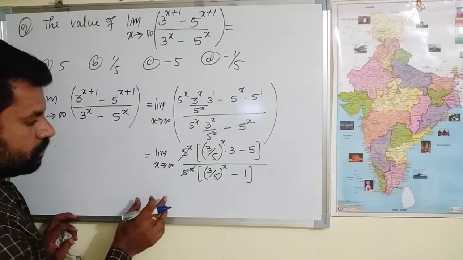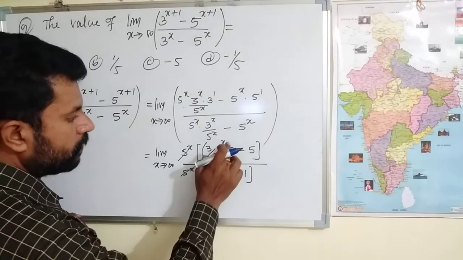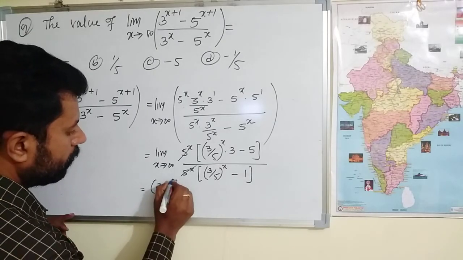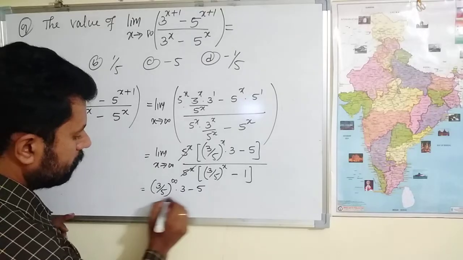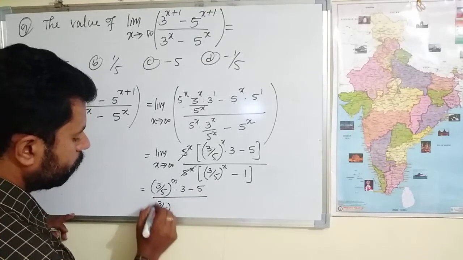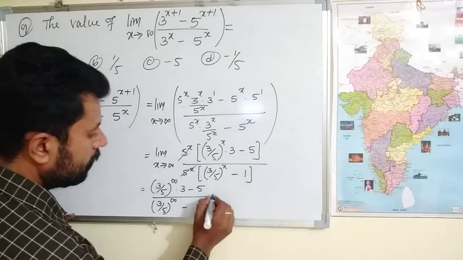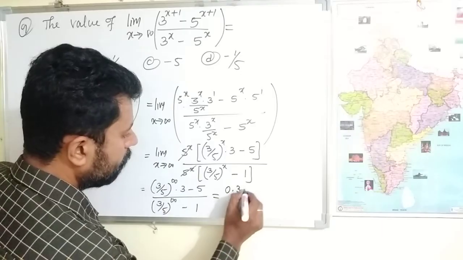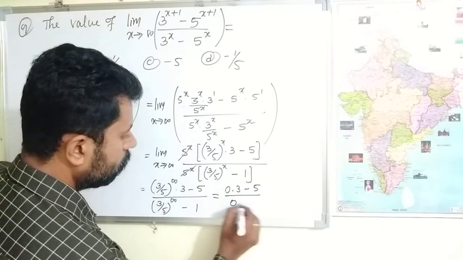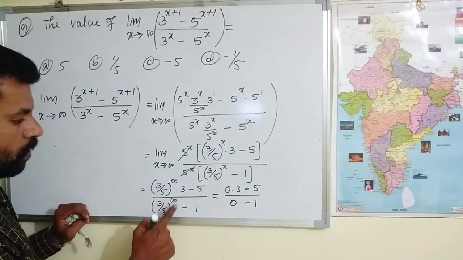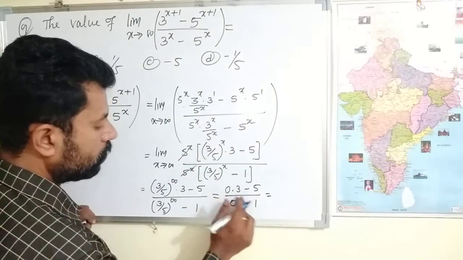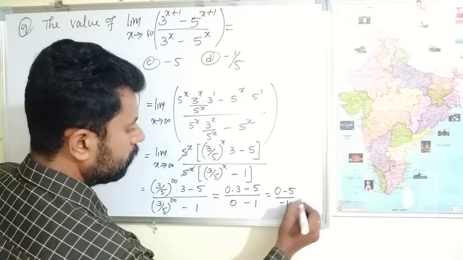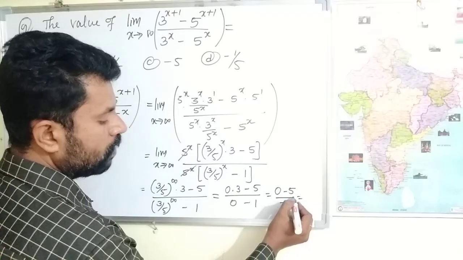Now I substitute infinity in place of x. We get 3 by 5 to the power infinity into 3 minus 5 divided by 3 by 5 to the power infinity minus 1. 3 by 5 to the power infinity is 0, so 0 into 3 is 0 minus 5 divided by 0 minus 1, which is minus 5 divided by minus 1.